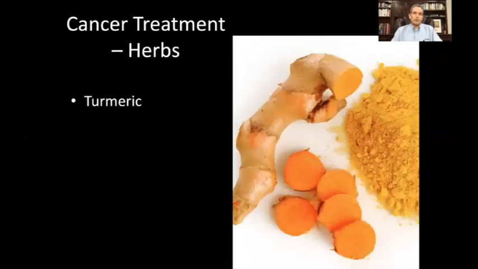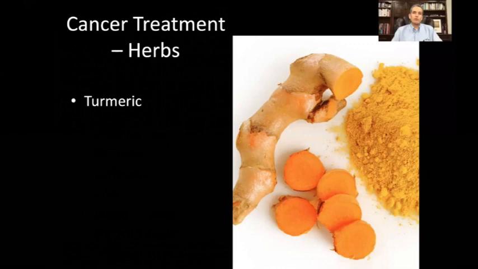Turmeric, that good yummy yellow stuff. What's better, the powder or the root? Actually, the root is probably going to be better for you because it's fresher. The fresher it is, usually the better it is for you. And consuming a sufficient amount. A lot of people have access to the powder, so we recommend at least a teaspoon a day in the diet. It's very anti-inflammatory, helps with pain, and there is anti-cancer potential to it.